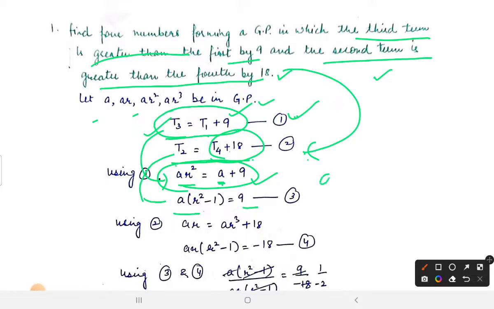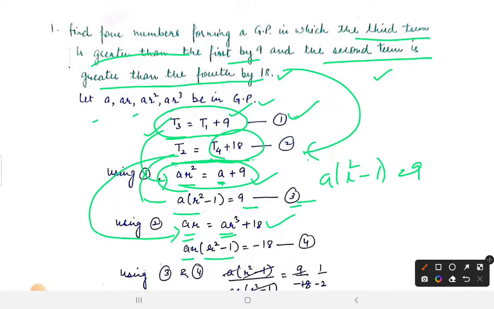Take A common: A times R square minus 1 is equal to 9. Take this as equation number 3. Again, using the second condition, put the value of T2, that is AR, and T4 is AR cube plus 18. So we have AR times R square minus 1 is equal to minus 18.